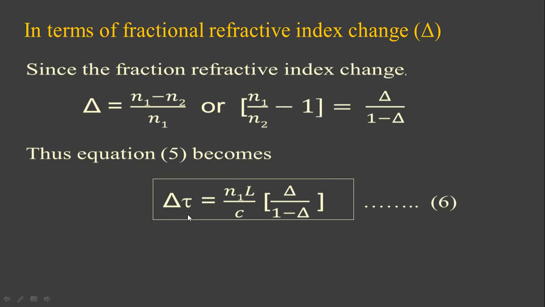So equation 5 becomes delta tau is equal to N1 into L divided by C into the bracket delta divided by 1 minus delta. This is the expression for the time delay in terms of the fractional refractive index change, delta.